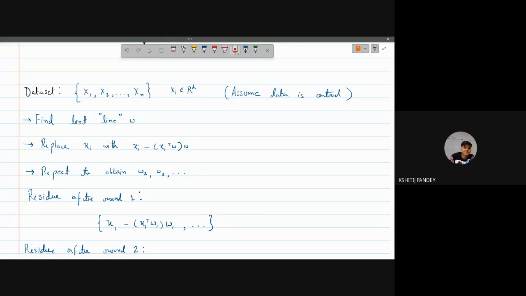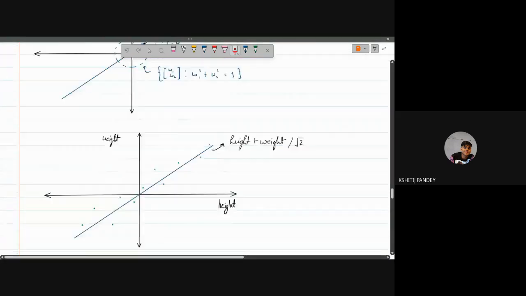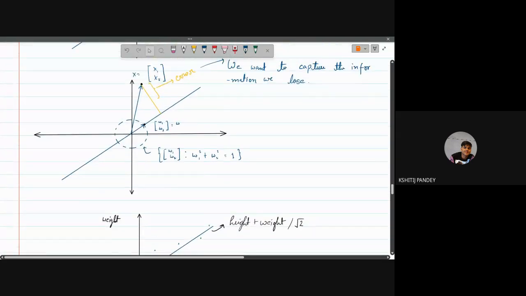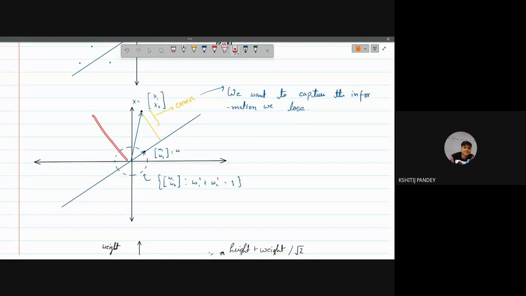We find the best fit line, that is, we find W. After calculating W, we have to capture the information we lost. So we'll find the best fit line for the error vectors. And as our data is in R2 here, let's see what's happening.